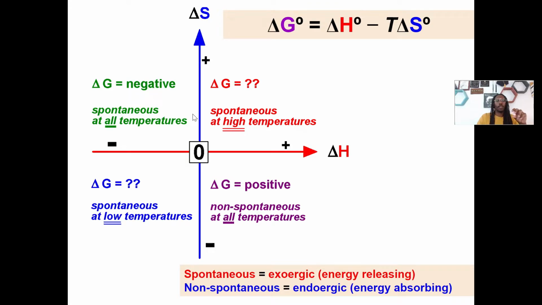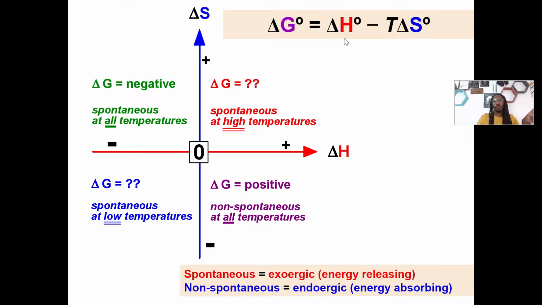Now, when we jump to this side, let's say for a positive value: if our delta G is positive, then our entropy is going to have to be negative and our enthalpy is going to have to be positive, right?